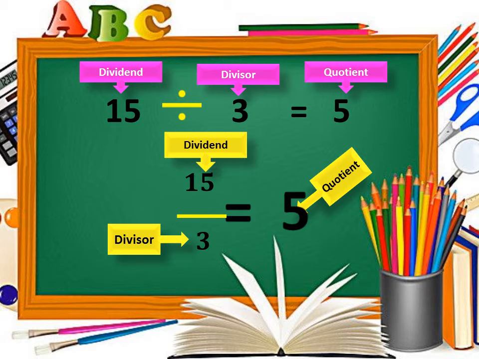The number above the division bar is also known as the numerator and the number below the division bar is said to be the denominator.